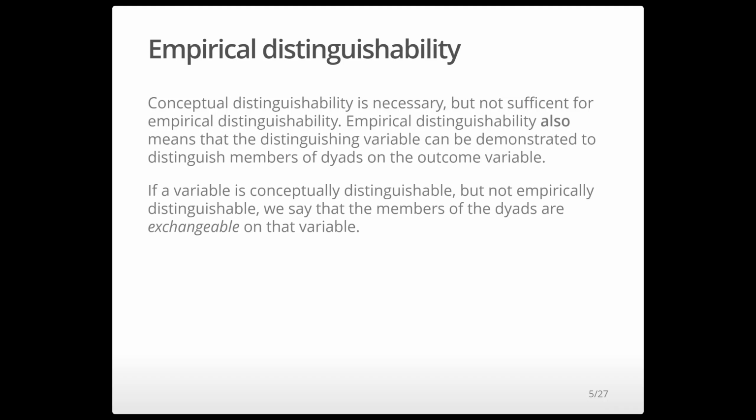You need to say that being the server makes someone more or less likely to win. If being the server doesn't make someone more or less likely to win, we would say that being the server is an exchangeable variable. When a variable is conceptually distinguishing but not empirically distinguishing, we call that exchangeability. And we'll look at an example of this as well.